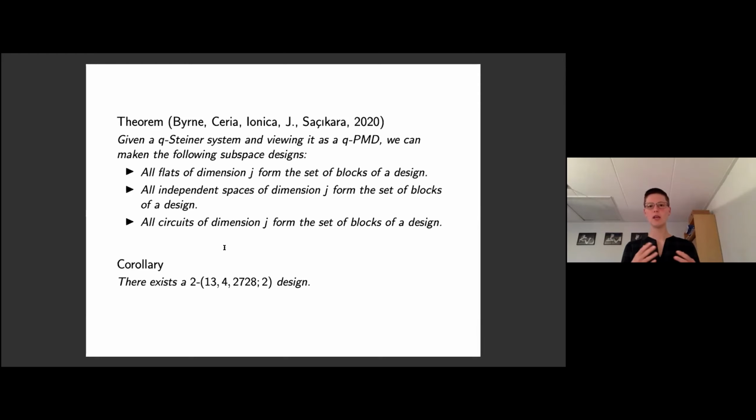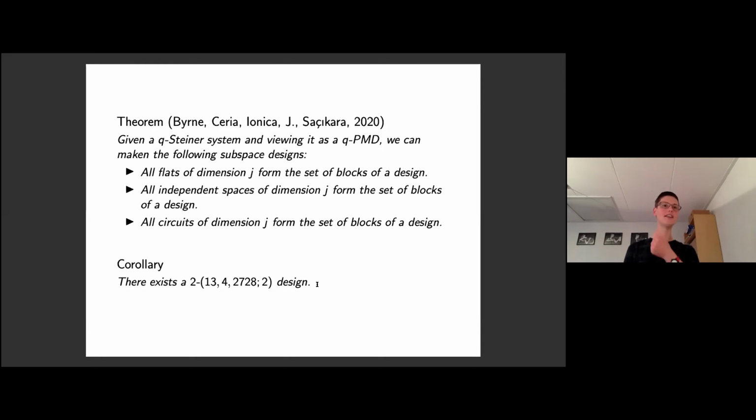Now, it sounds maybe a bit strange that you come up with all this matroid theory stuff, when in the end what you do is you start with a design, a Steiner system, and the result that you get is also a design. But we are actually using the matroid structure of this q-Steiner system in order to get to this second design. And the fact that this theorem really adds something is demonstrated by the fact that we found a new design.